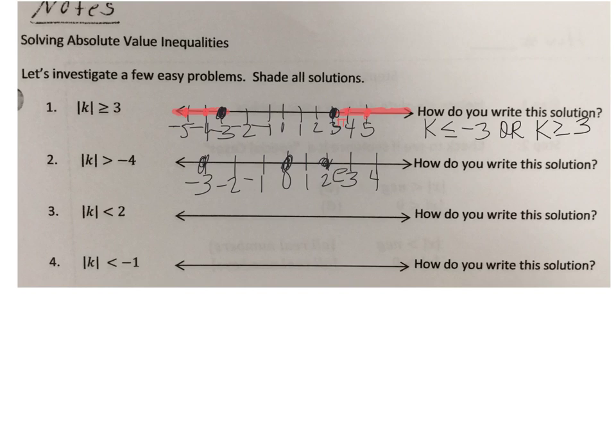E. Getting creative. Pi, right? What are we getting from this? All of them, right? All numbers. That's interesting. All numbers. Because if I plug it into absolute value, it's always going to come out positive. And a positive is always bigger than a negative, right?